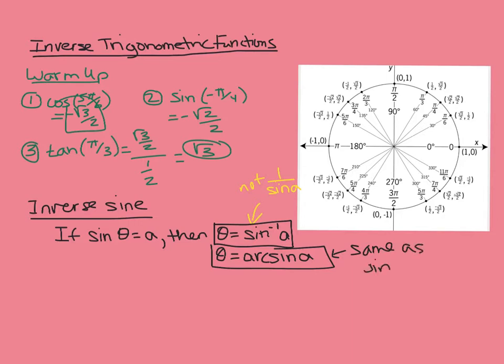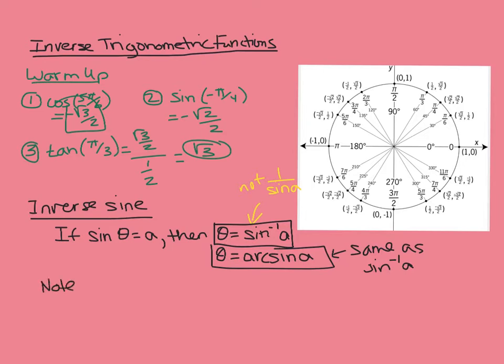I think some people like to write it with arc sine because it doesn't confuse people with cosecant, because the inverse sine does tend to look like cosecant. So either of these is an okay way to write it. I'm going to probably give you problems that involve both. So just know that they're the same thing.